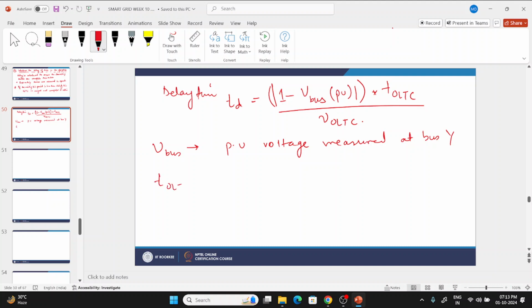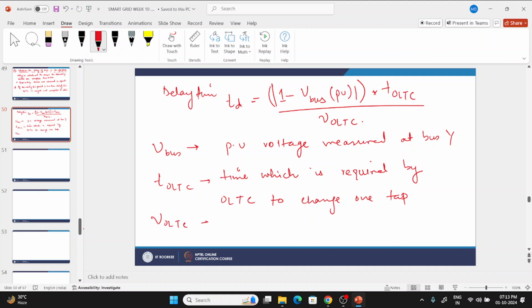Then T_OLTC, what is it? It is the time which is required by OLTC to change one tap. Okay, ये है T_OLTC.